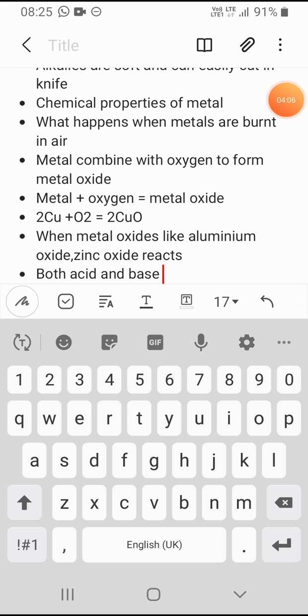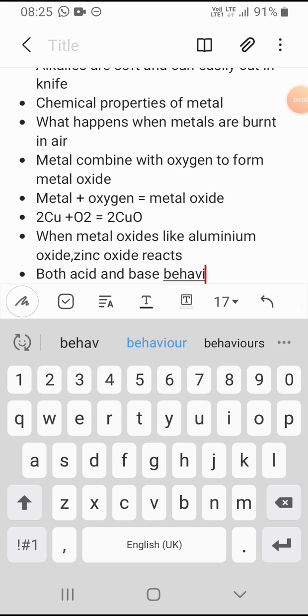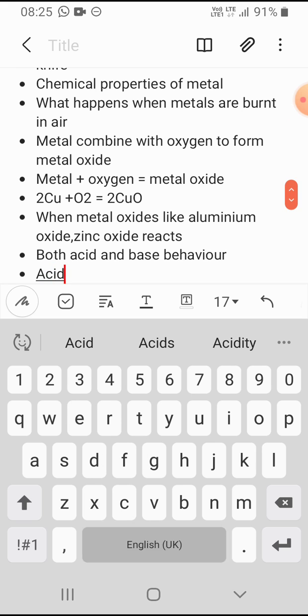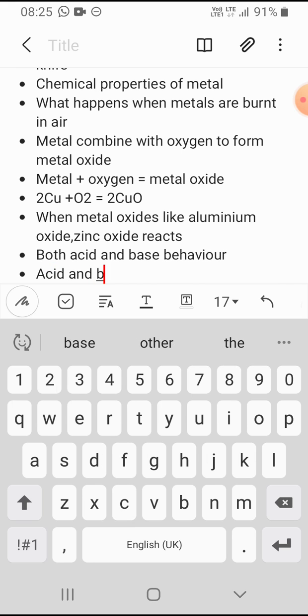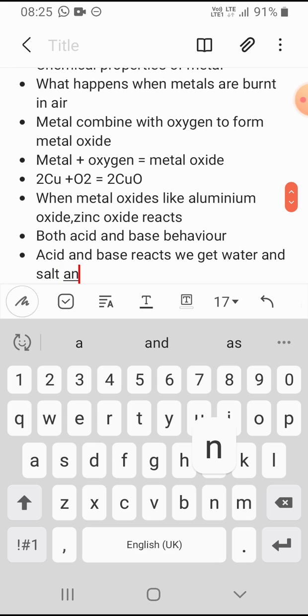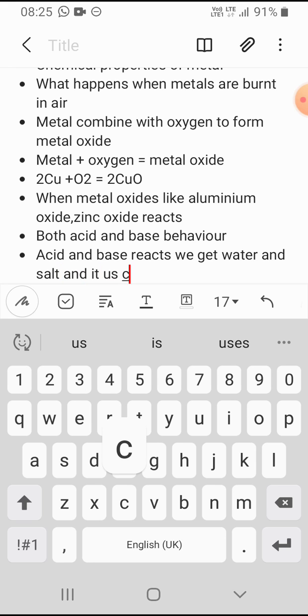Both acid and base behavior they show. When acid and base react, we get water and salt.